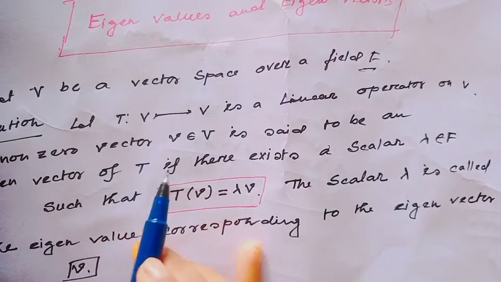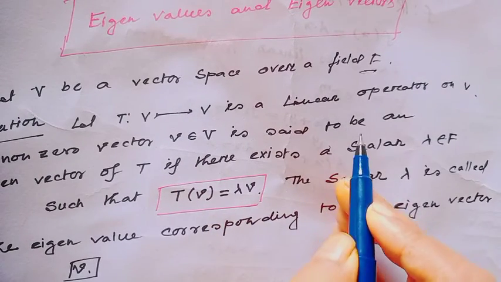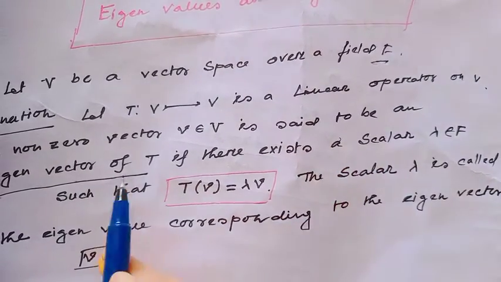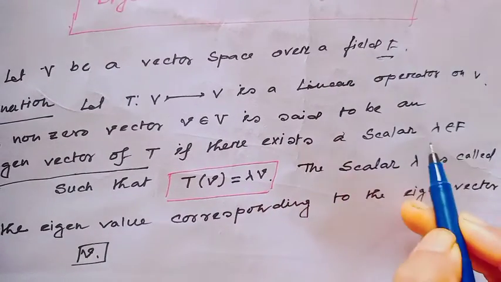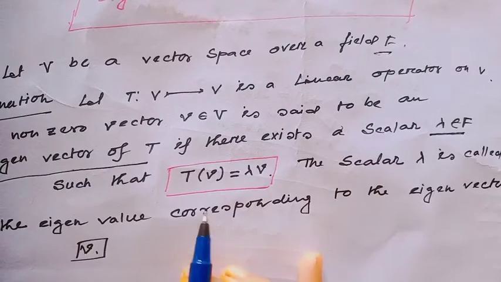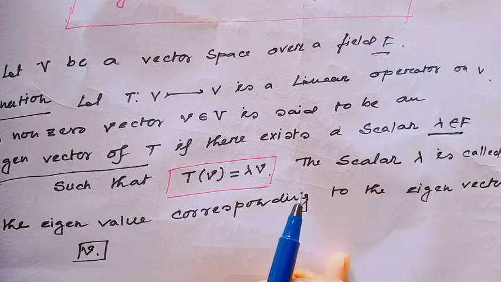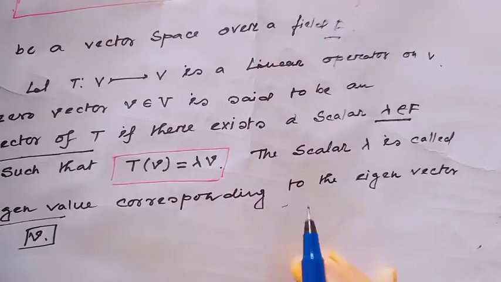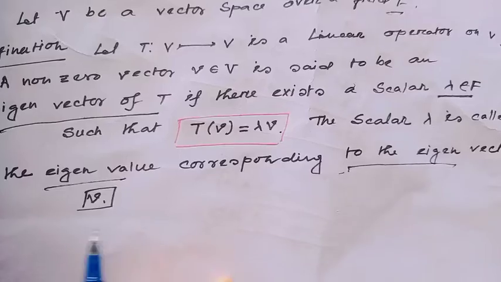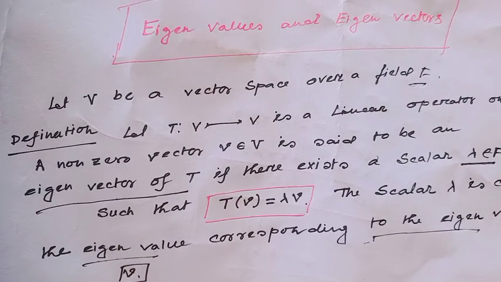Then a non-zero vector, denoted as small v, is said to be an eigenvector of the linear operator T if there exists a scalar lambda belonging to the field such that Tv equals lambda times v. Then the scalar lambda is called the eigenvalue corresponding to the eigenvector v. Are you getting? What are the eigenvalue and eigenvector of a linear operator?